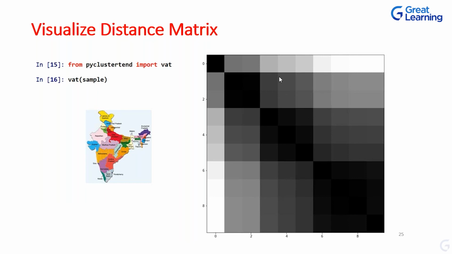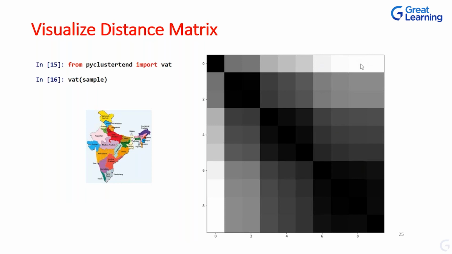And the upper triangle and lower triangle both are identical. So either you can look at the lower triangle or you can look at the upper triangle. You will have the same understanding. So let's look at the upper triangle. If we look at the upper triangle, we can very easily see that there is a differentiation in the color matrix.